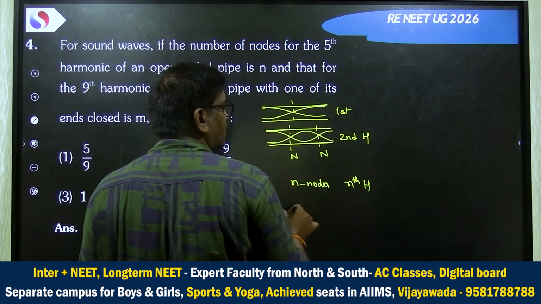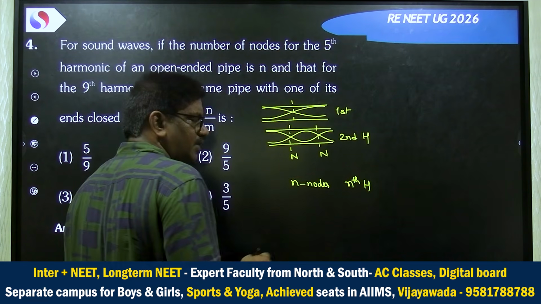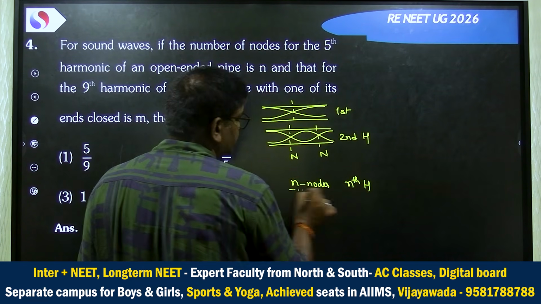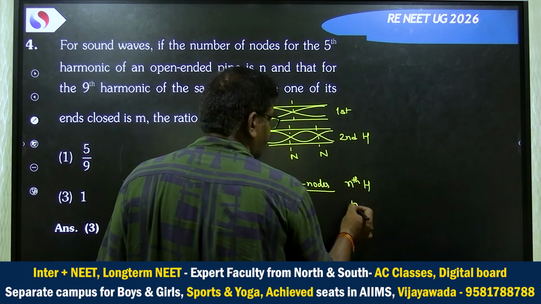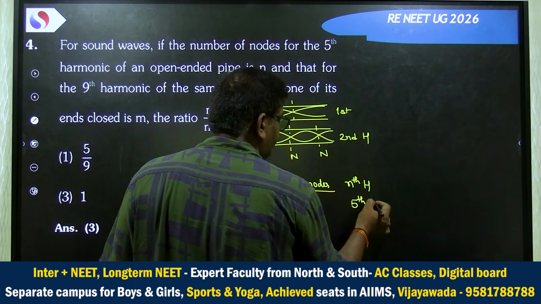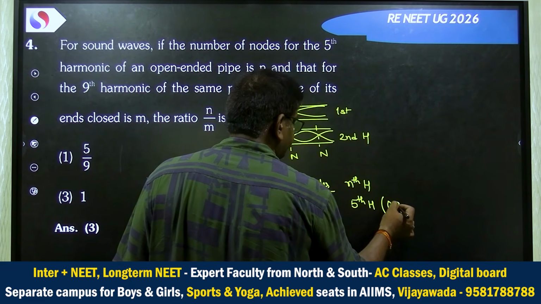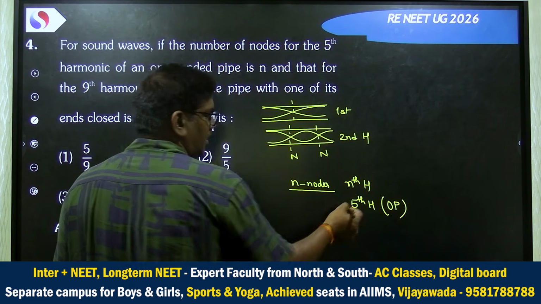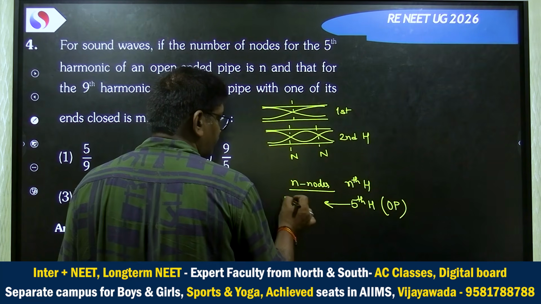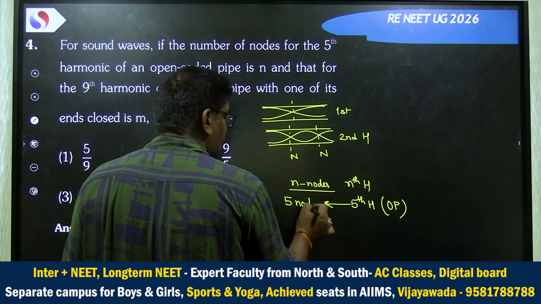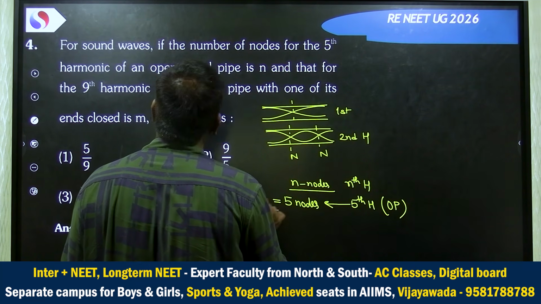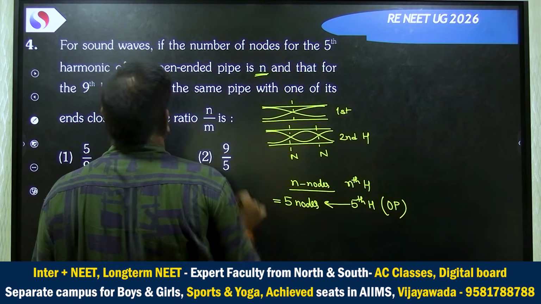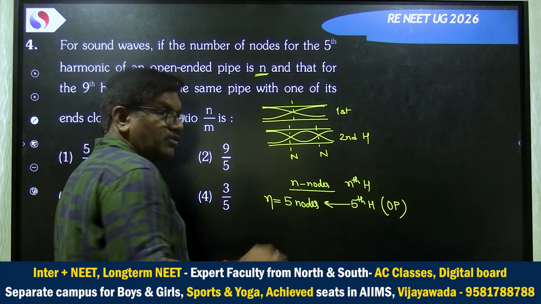In the first it is 1 node, in the second it is 2 nodes. Similarly, in the nth harmonic, n nodes will be formed. So for the fifth harmonic of an open organ pipe, 5 nodes will be there, which is the value of n. So I got the value of n.